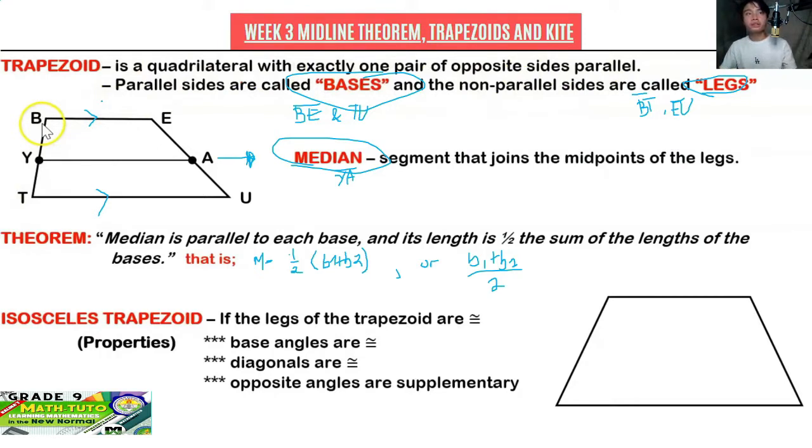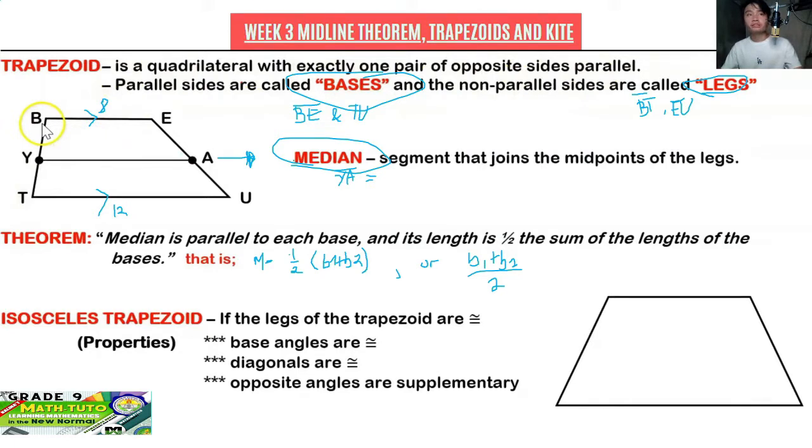For example, BE or the base 1 is 8. Base 2 is 12. Need to find the median or YA. So, is equal to, gagamitin lang natin yung formula class. Yung pangalawa na lang para mas mabilis.